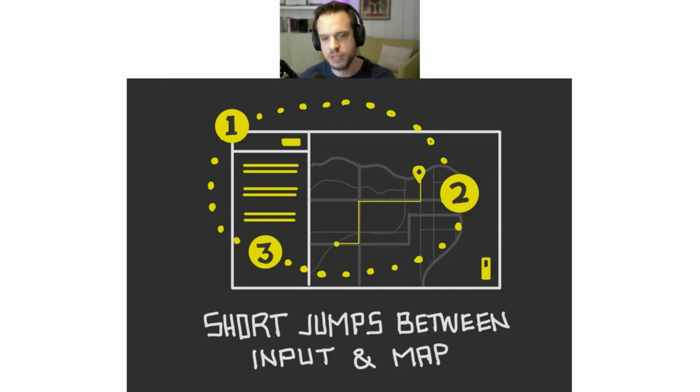I'm moving really quickly between all of these three spots. And I think this is where this pattern developed, because it works really, really well in this situation. So location specific, in situ, and short jumps between input and map.